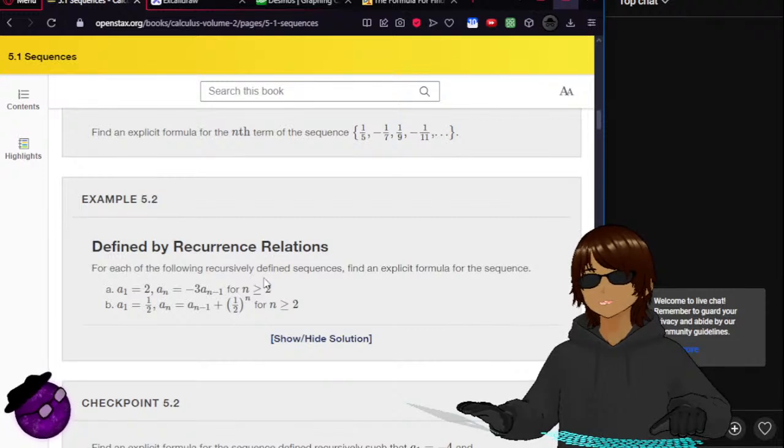For each of the following recursively defined sequences, find an explicit formula for the sequence.